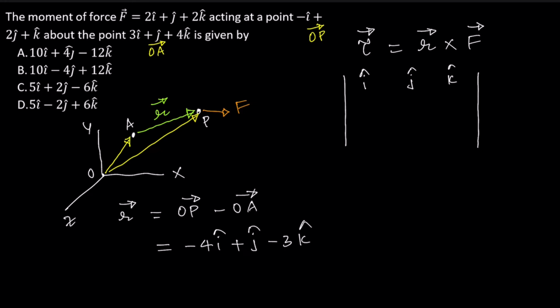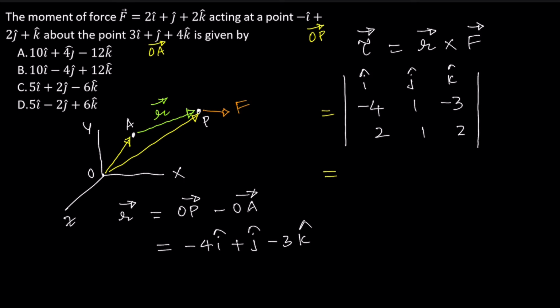Now in the second row, just fill the components of this position vector. So x component is minus 4, y component is 1, z component is minus 3. And in the third row, we will place the components of the force vector, which are 2, 1, and 2. And then just evaluate this determinant, and then we will get the value of torque.